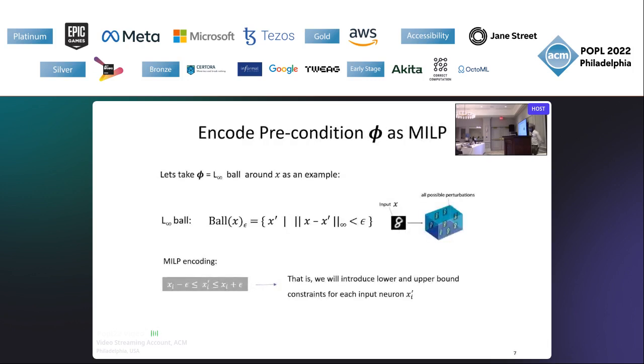Then you have to encode the precondition as a mixed integer linear program. In this case, it's just an L infinity ball which induces interval constraints on all the input variables. So you will say that all the inputs xi prime are between xi minus epsilon, where xi is the original image, and xi plus epsilon.